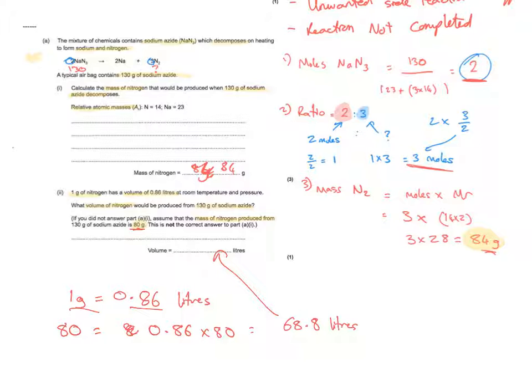There is another quite clever way to do this, but it's a lot more complicated, and I actually don't know some of the conversions for it. But we do know 1 mole of any gas, so 1 mole of nitrogen at room temperature and pressure is always 24 decimeters cubed. Well, I've got 3 moles, so 3 moles of nitrogen gas is going to be 3 times that, which is 72 decimeters cubed.